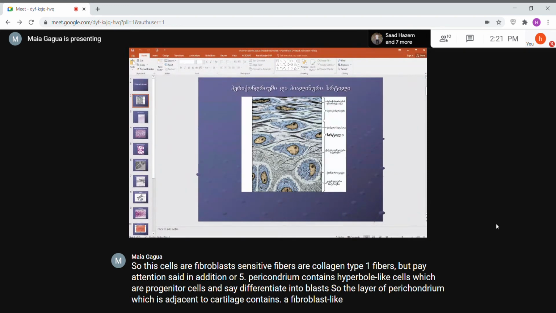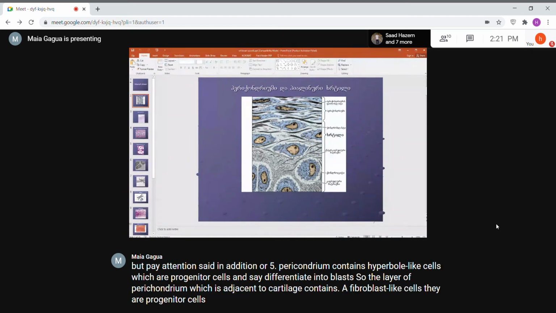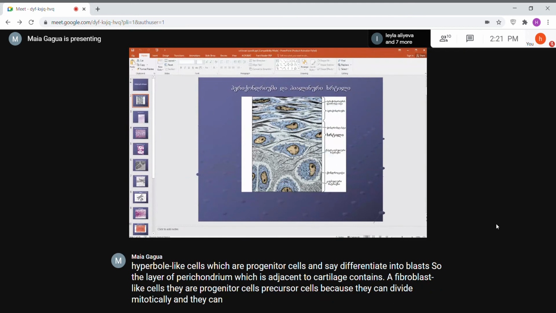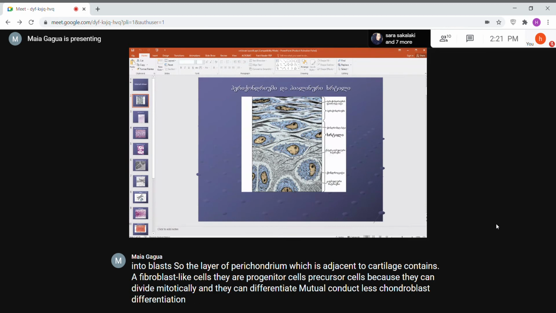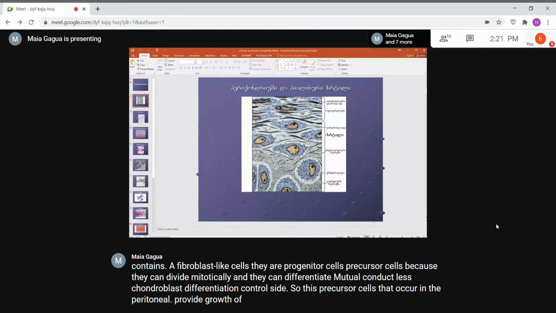They are progenitor cells, precursor cells, because they can divide mitotically and they can differentiate into chondroblasts. Chondroblasts differentiate into chondrocytes. So these precursor cells that occur in the perichondrium provide growth of cartilage. This type of growth is called appositional growth.